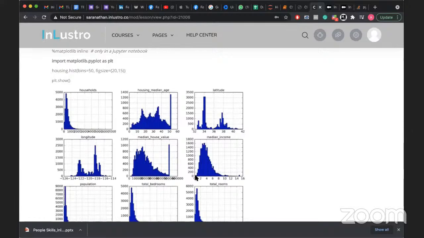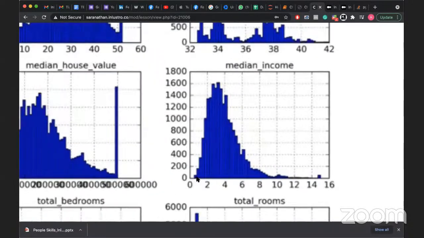The lowest median income is somewhere here, whereas the highest income is near 15, correct? Lowest income is some 400 something. Highest income is near 15 something. So the data is capped.